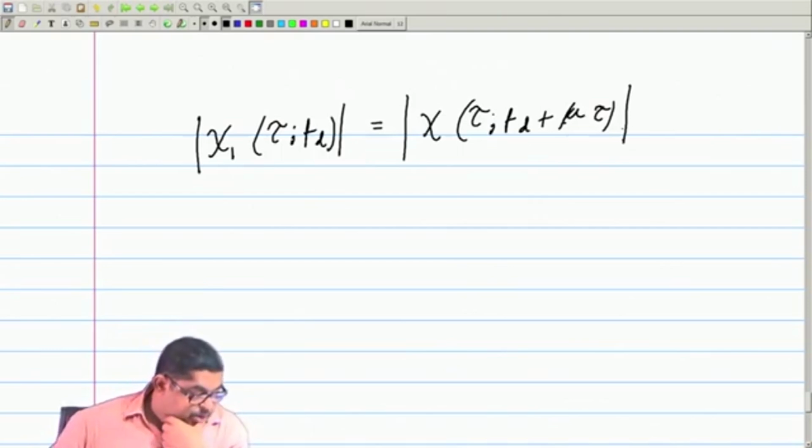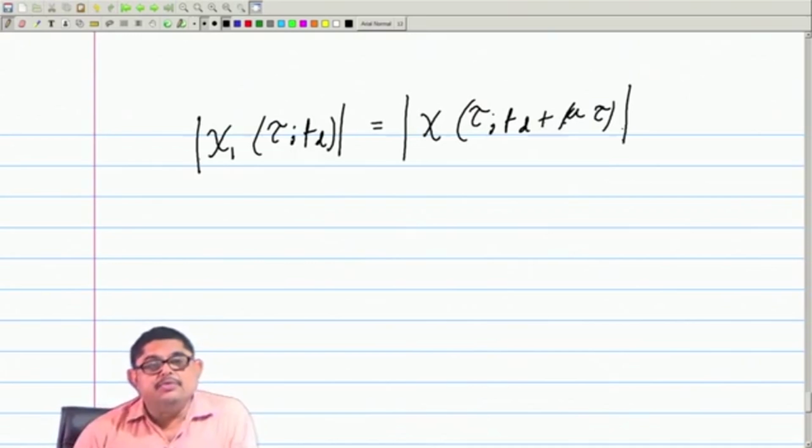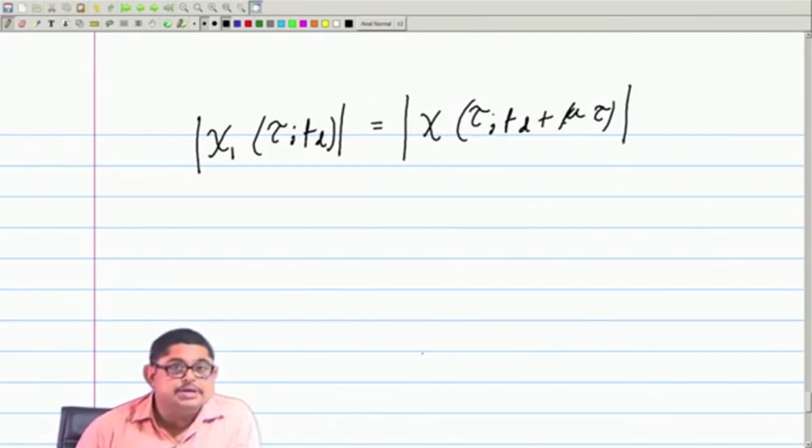Actually, earlier we have derived the ambiguity function of a rectangular constant pulse. You can see the equation. I don't remember the equation.